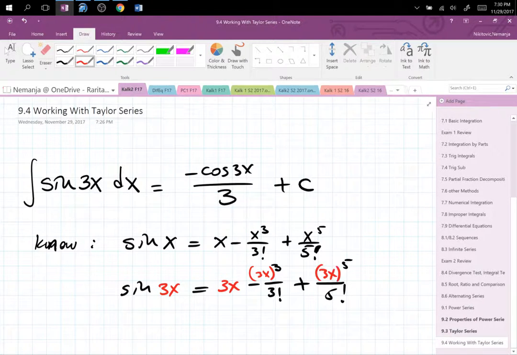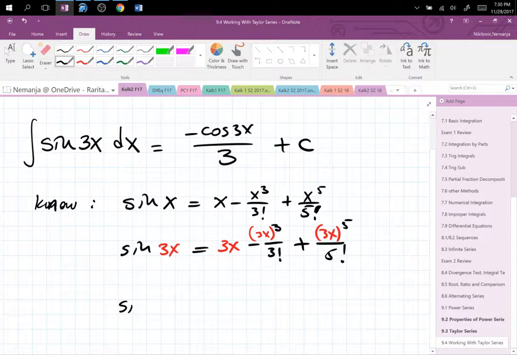It's a very simple thing to do. And now you expand that into a polynomial. Now again, is it overkill for this problem? Sure it is. For the next problem, not so much. You'll see that.